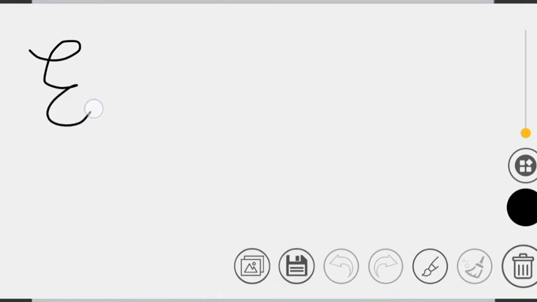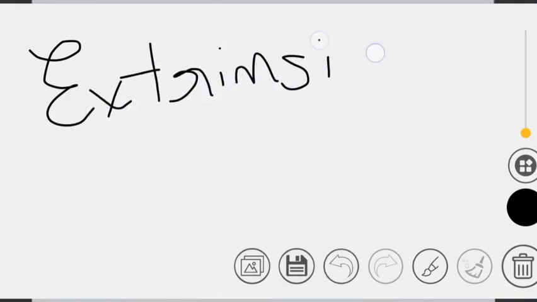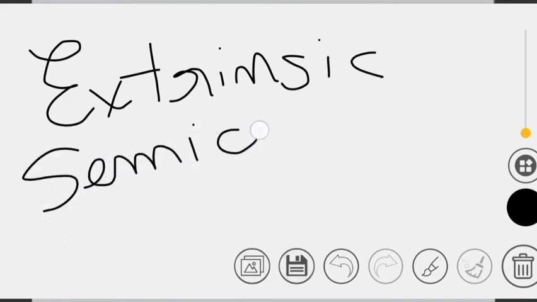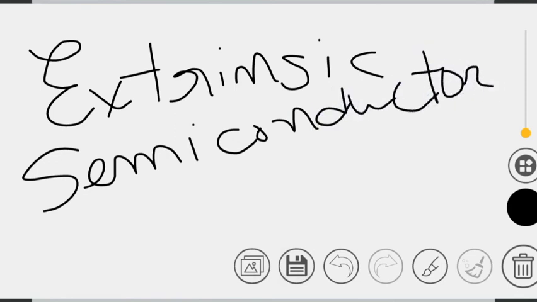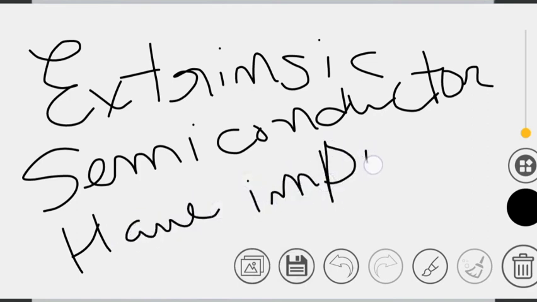Extrinsic semiconductors are those semiconductors which have impurities. Means they contain impurities in them, means impurities are introduced in them.